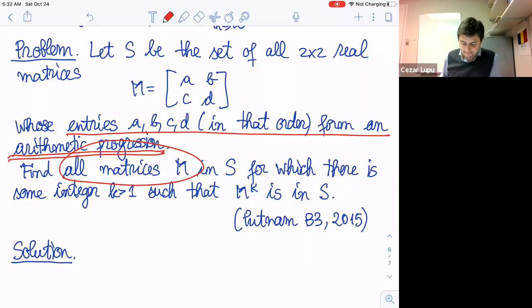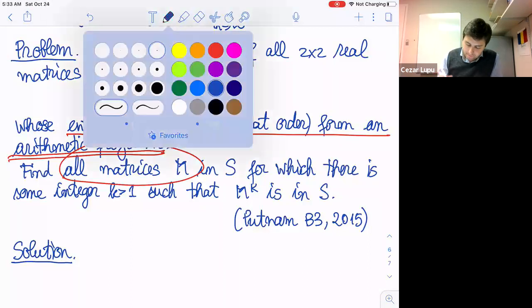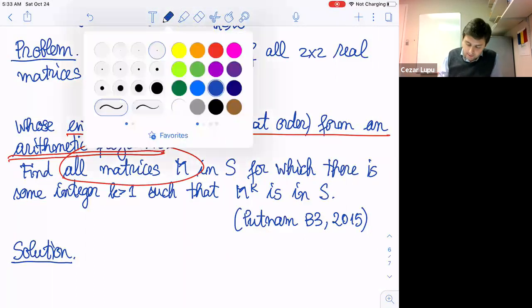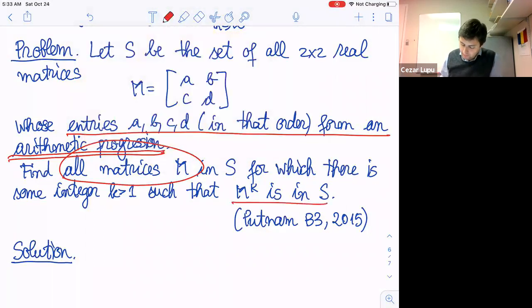So let's see. So we have this, that M, this is important, when we raise this to the power k, this will be in S. So how do they look?